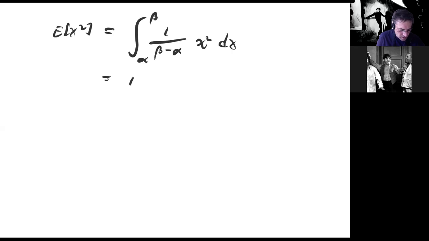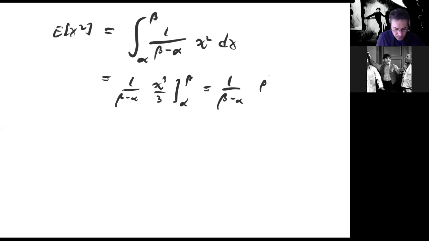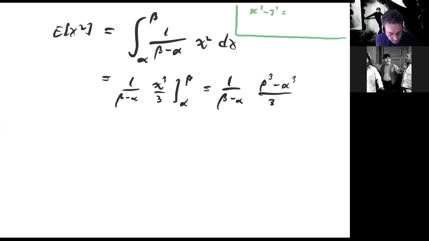And you're going to be left with 1 over beta minus alpha, x cubed over 3 from alpha to beta, which is going to give me 1 over beta minus alpha times beta cubed minus alpha cubed over 3. So now what I'd like to do is note that, let me do it up here in the corner, that if I take x cubed minus y cubed, it's x minus y times x squared plus xy plus y squared.